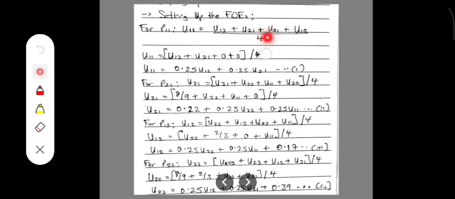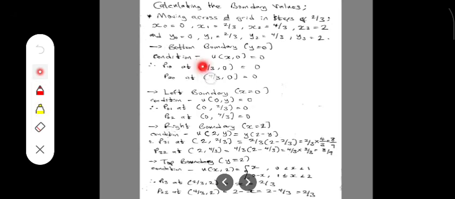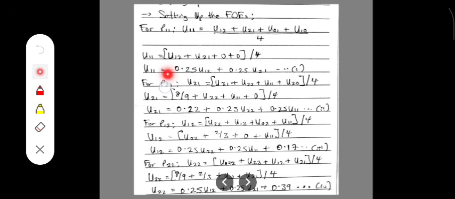So u01 and u10 are both boundary points, and it is equal to 0. This is u10, which is equal to 0, and u01, which is equal to 0 also. So dividing all by 4, we have u11 equals 0.25 u12 plus 0.25 u21.